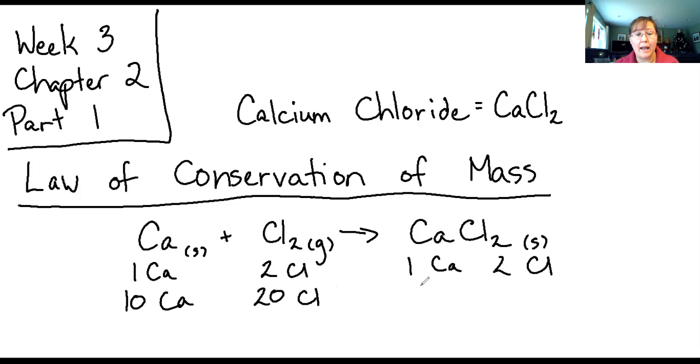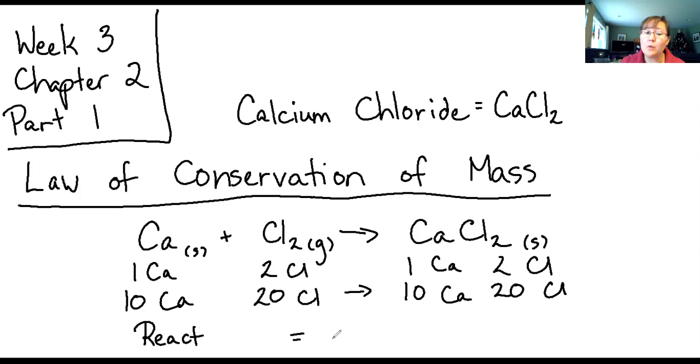That means that in the end, we will still have 10 calciums and 20 chlorines. So no matter what we have going on here, you will always have the same number on this side that you have on this side, okay? And so that's really what we're looking at with the law of conservation of mass, is that what you start with, the reactants basically have to equal the products.